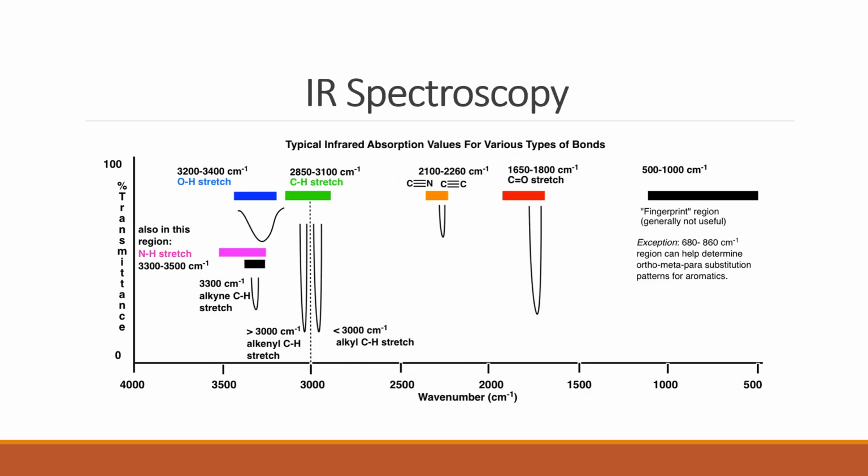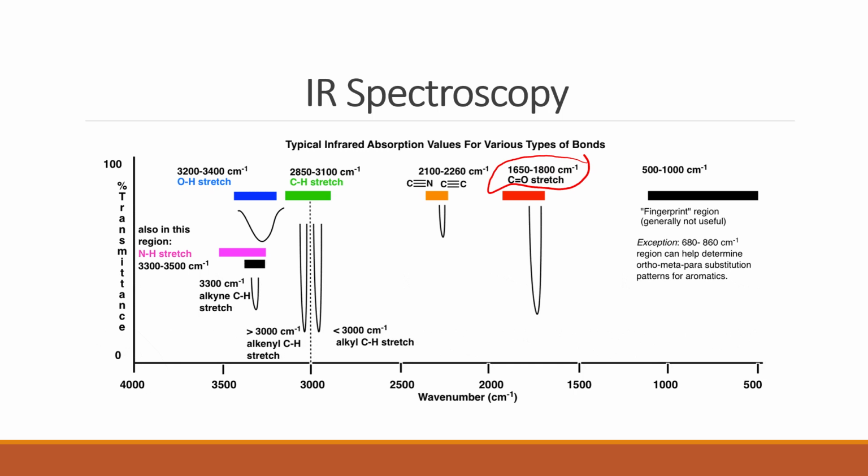For IR spectra, you first have to memorize the regions. Most professors let you have a key or a graph, but these are the most important key regions. 1615 to 1800 is the carbonyl peak, the C double bond O peak.